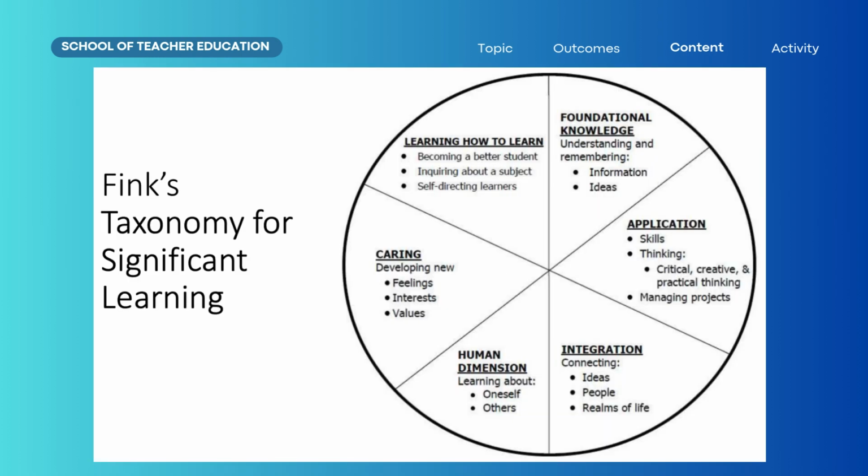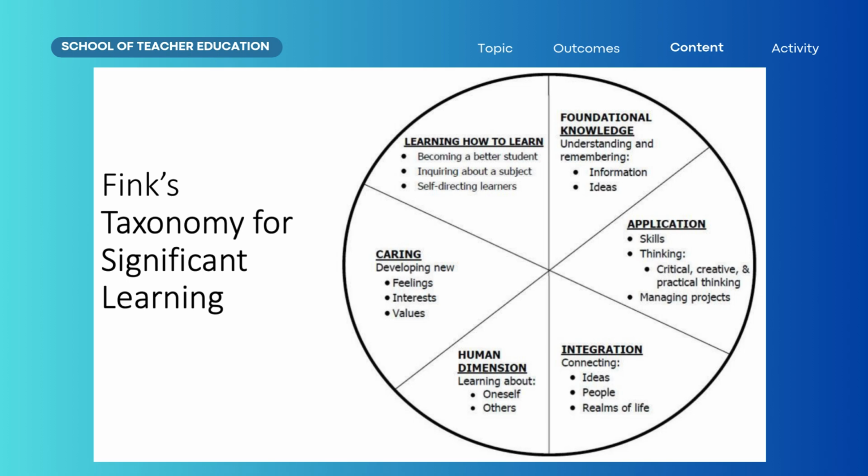Another taxonomy that we can use is Fink's taxonomy of significant learning, usually used for skilled-type programs such as IT and engineering. Here, you start with foundational knowledge, then application, integration, human dimension, caring, and learning how to learn.